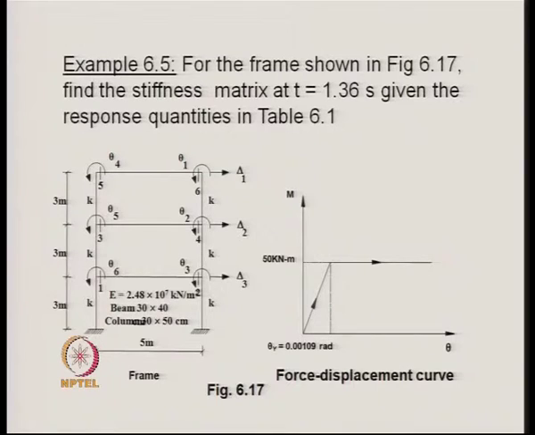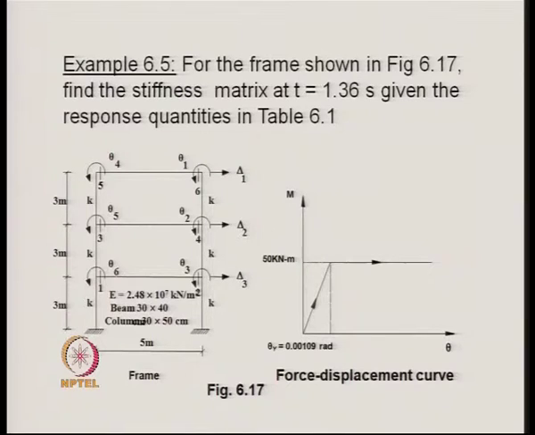Now, this is further explained with the help of this example over here. This is an example of a 3-story frame, and here we have got delta 1, delta 2, delta 3. These are the 3 sway displacements.